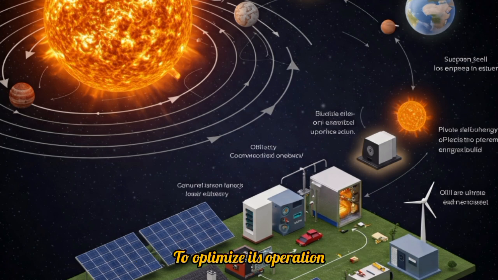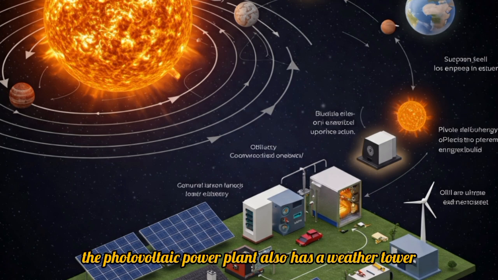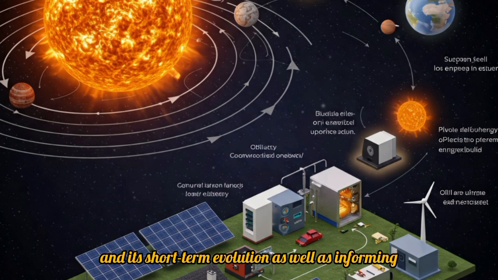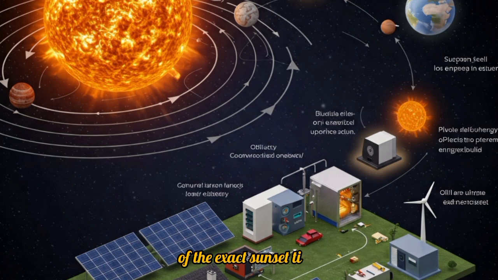To optimize its operation, the photovoltaic power plant also has a weather tower which analyzes the environmental conditions to identify the solar radiation intensity and its short-term evolution, as well as informing of the exact sunset time. Therefore, it's possible to predict the periods with shortage of light and store the energy needed to guarantee the electrical supply.